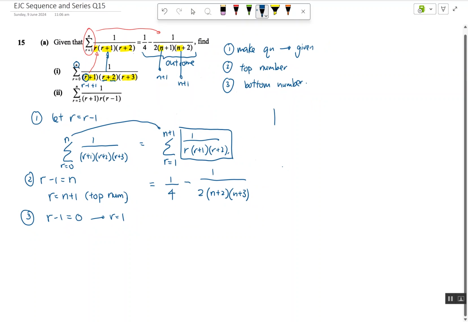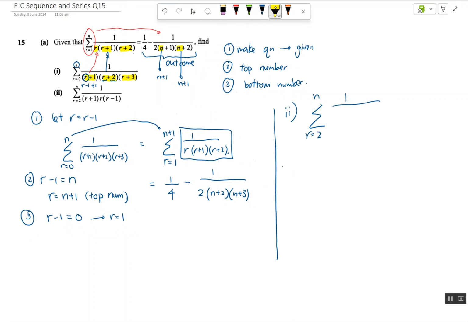So for part 2, where it's a bit more tricky, r equals 2 and 1 over. Now you realize that here they are not in increasing order, but your original sequence is all in increasing order. So if I replace it in increasing order, it will be r minus 1, r, and r plus 1.